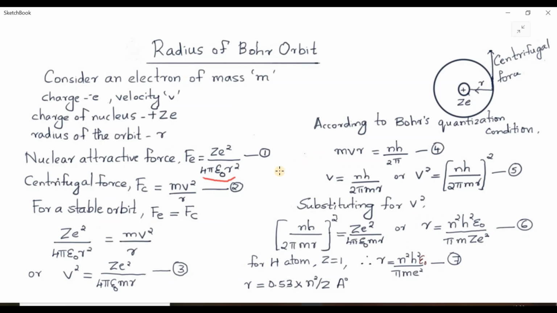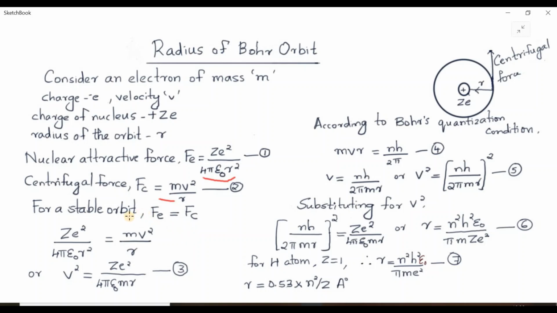Since the electron is revolving around the nucleus, there will also be a centrifugal force given by Fc equals mv square by r. Equation 2. For a stable circular motion of the electron in its orbit, the nuclear attractive force on the electron must be equal to the centrifugal force on it.